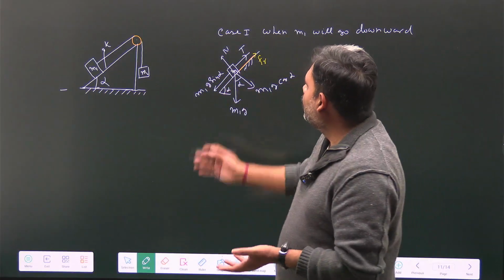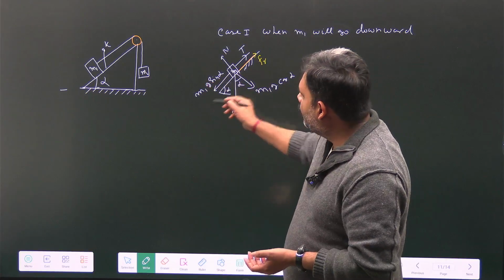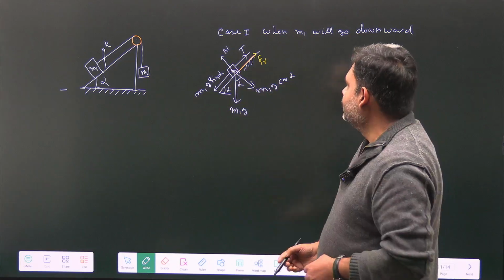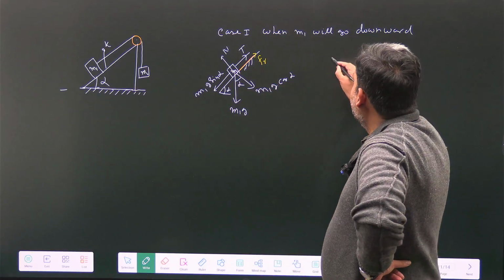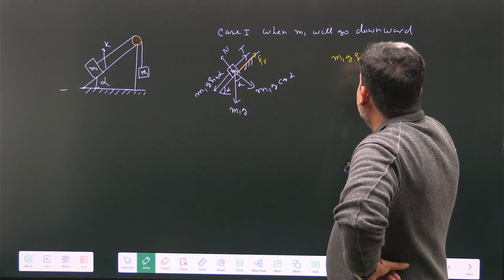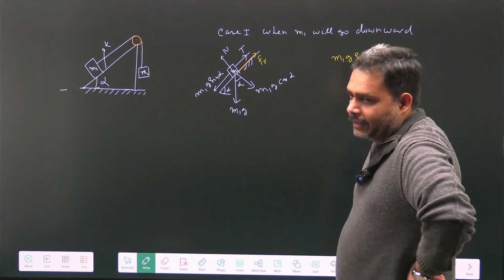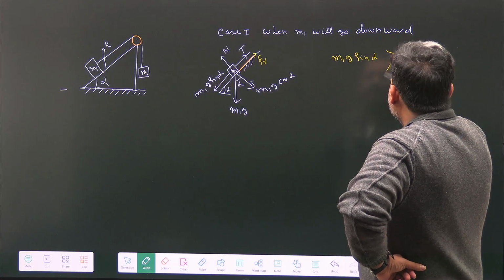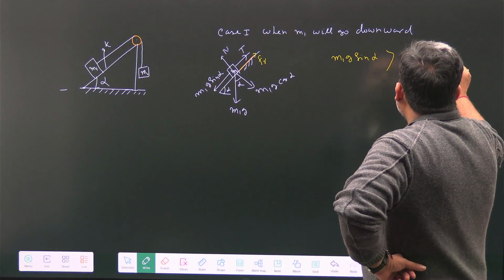So when it will go downward, the downward force will be more than the upward force. So what is the condition? The condition is m1g sin alpha must be greater than tension plus frictional force.